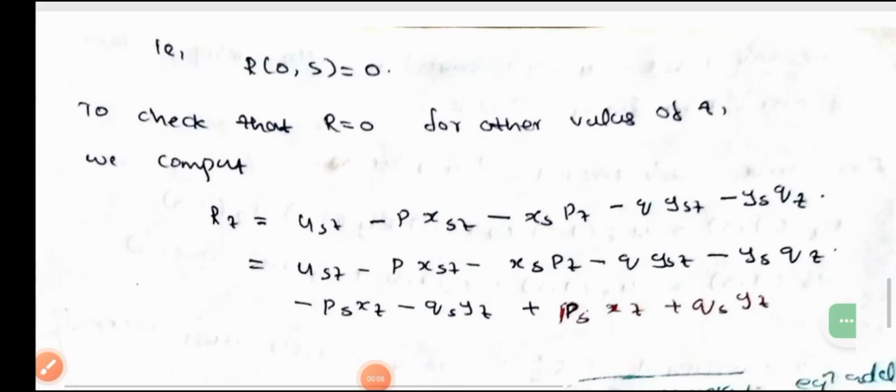To check r equal to 0 for other values of t, we compute r_t is equal to u_st minus p x_st minus x_s p_t minus q y_st minus y_s q_t, which is equal to u_st minus p x_st minus x_s p_t minus q y_st minus y_s q_t minus p_s x_t minus q_s y_t, adding p_s x_t and q_s y_t to compensate our equation. That is the last term.